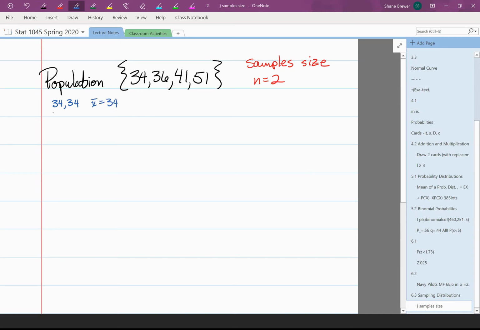Then maybe we get a 34, 36. And the mean there is going to be 35, right? If we find the mean of those two numbers, it's going to be 35. 34, 41, 75, so 37.5.